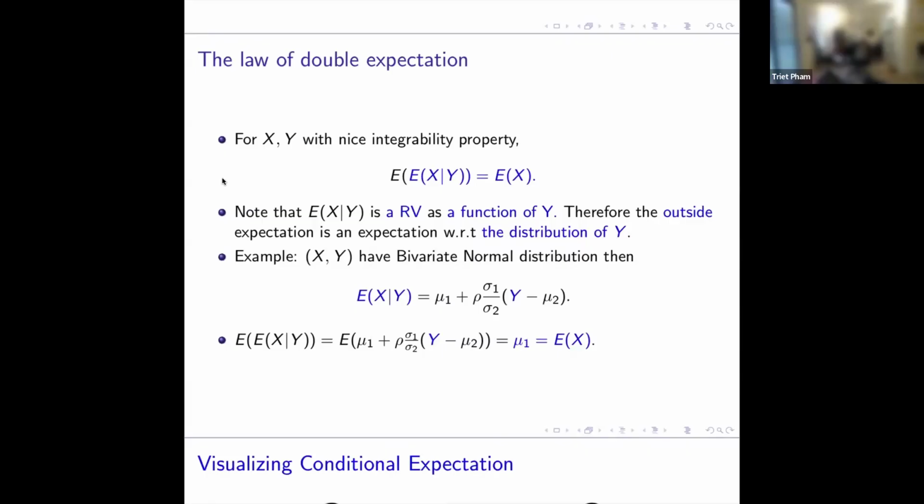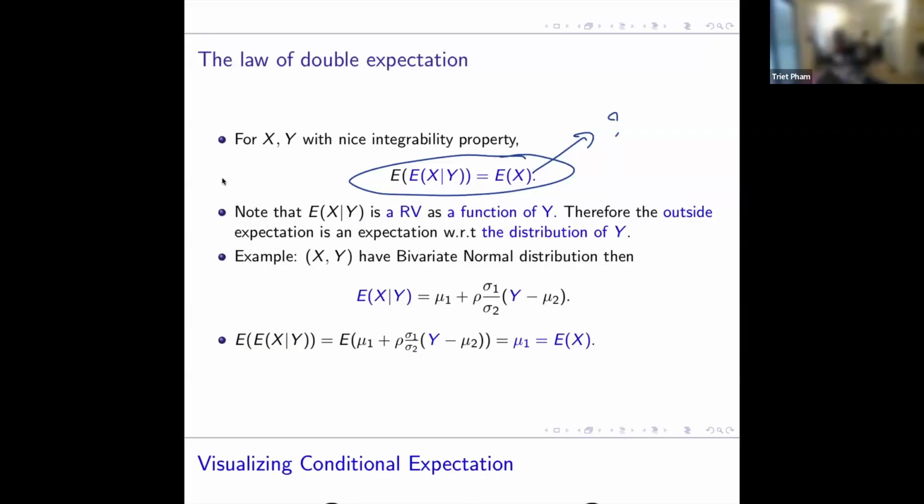So the first thing you should ask is, why do we care? Isn't it easier just to take the expectation of X? Why do the whole complex formula? The reason is, again, conditioning sometimes is helpful, or is meant to make things easy, not harder.